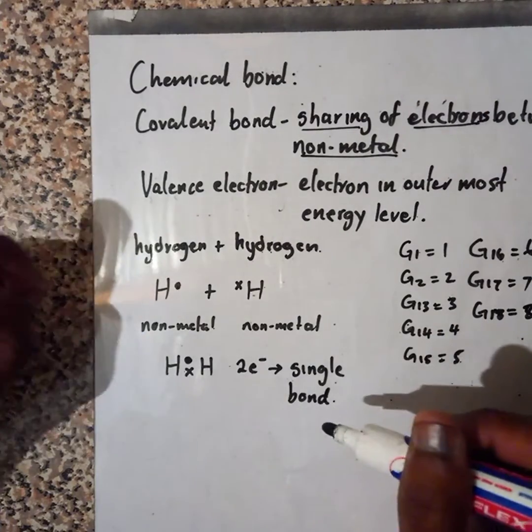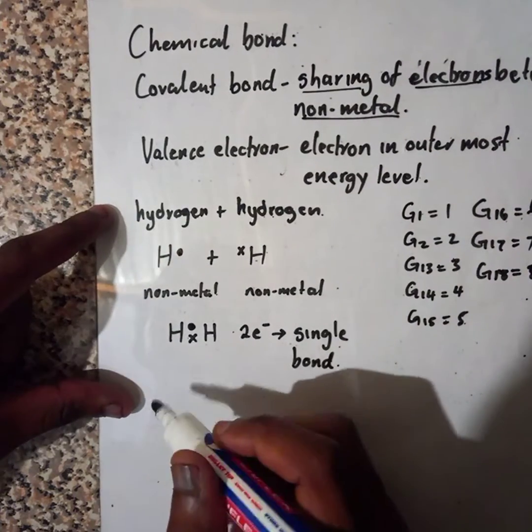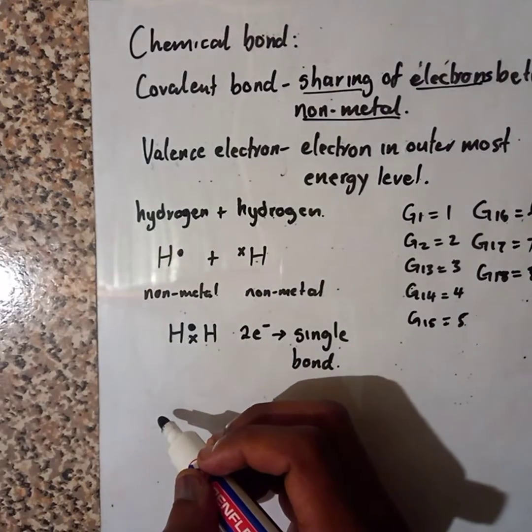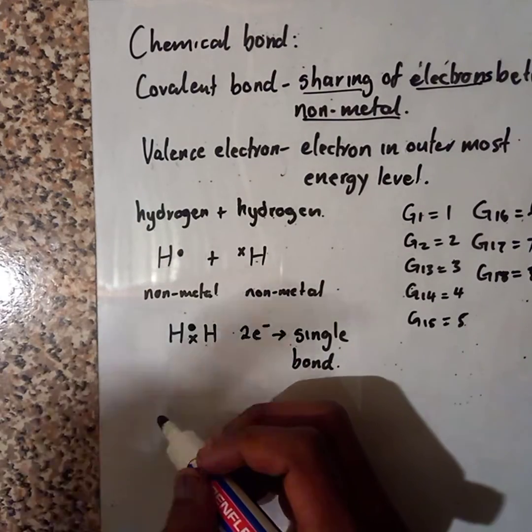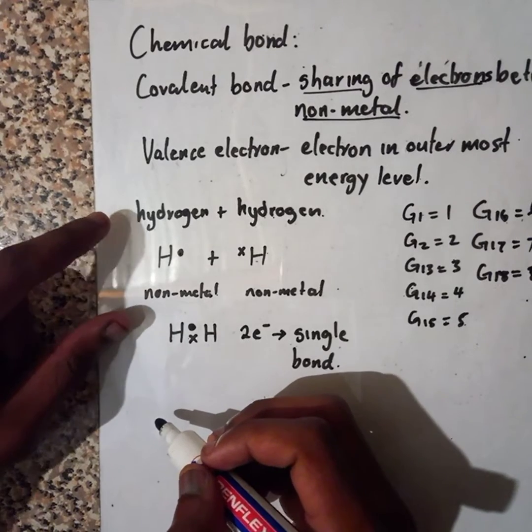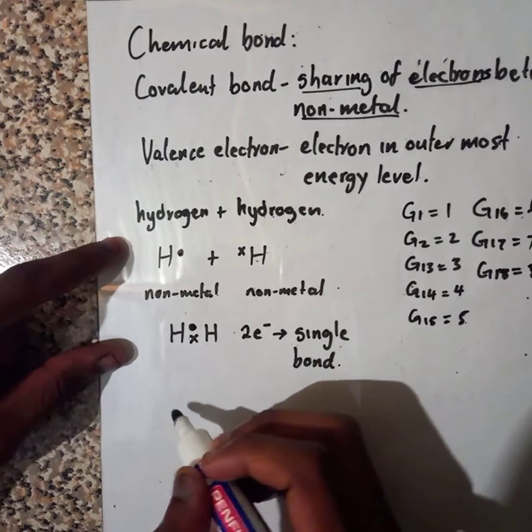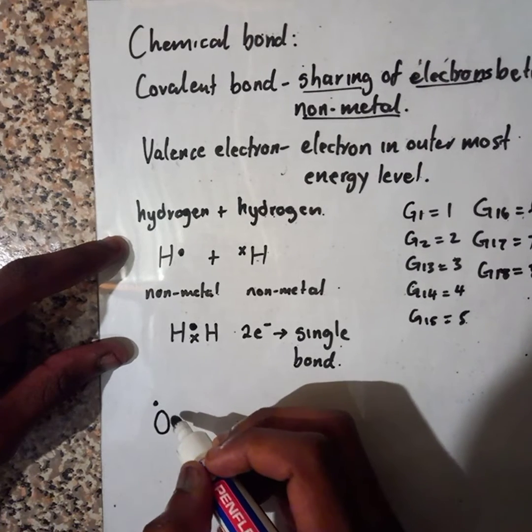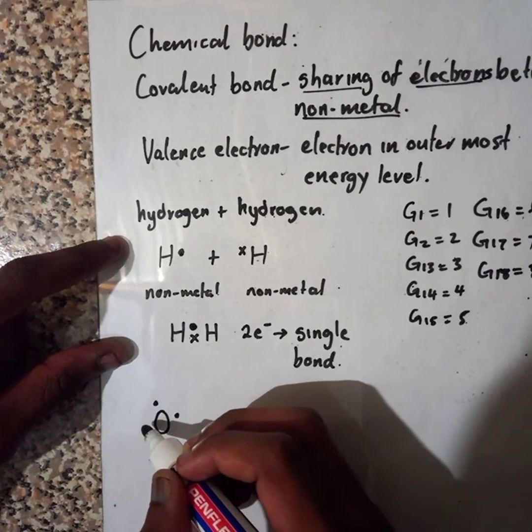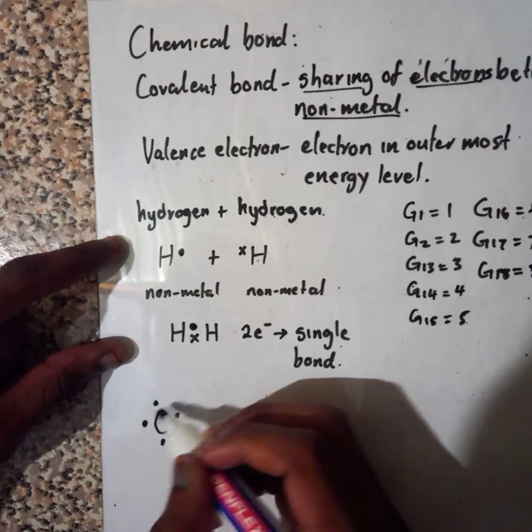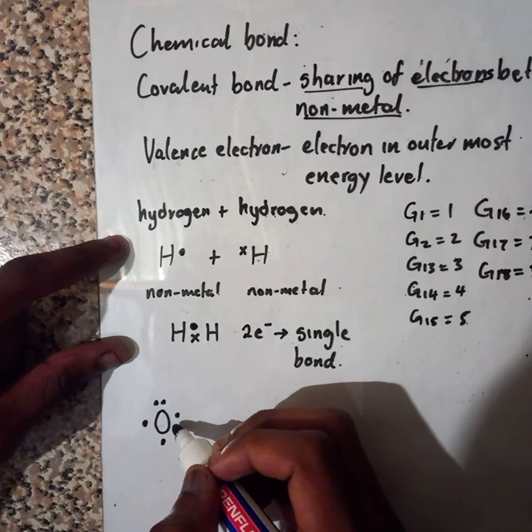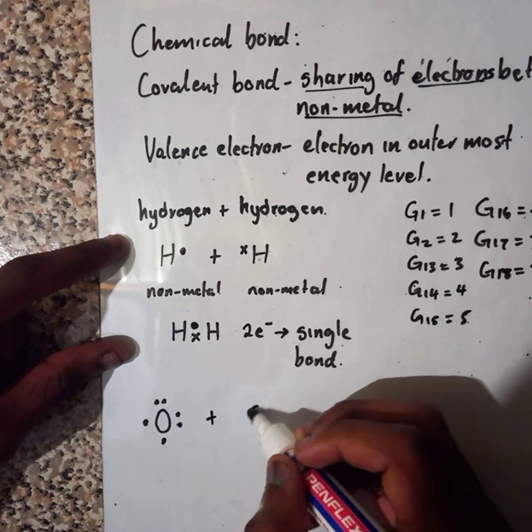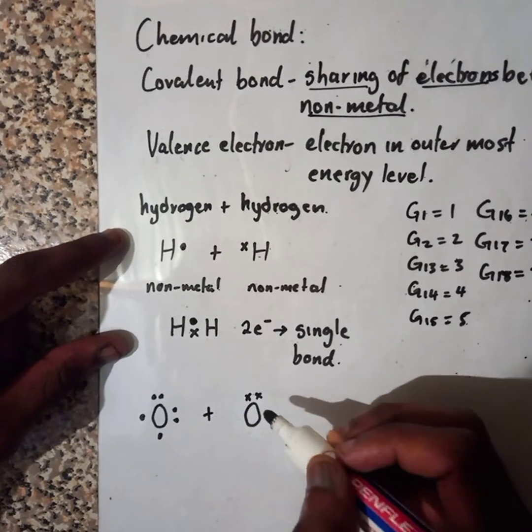Let us consider oxygen now. We know that oxygen is situated in group 16, so it is going to have 1, 2, 3, 4, 5, 6. Then let me take another one. It's going to be the same.